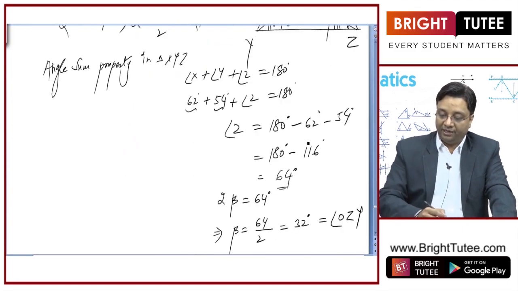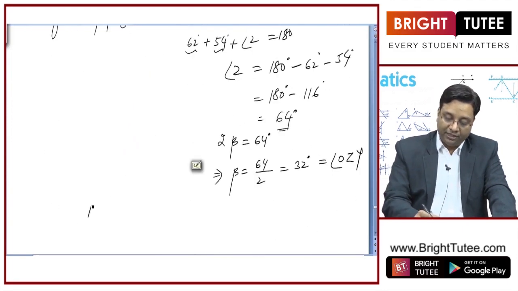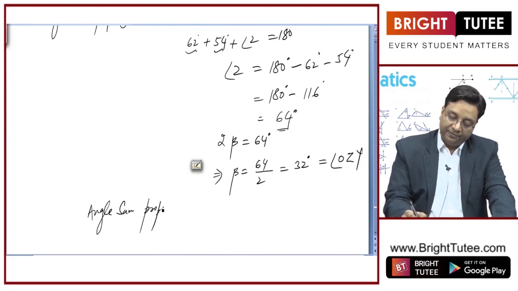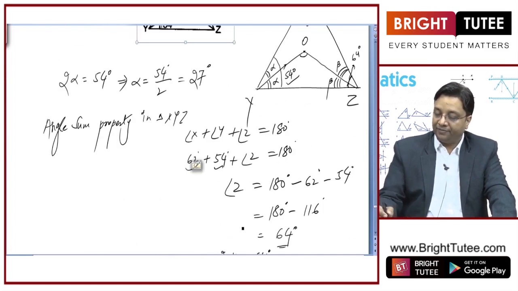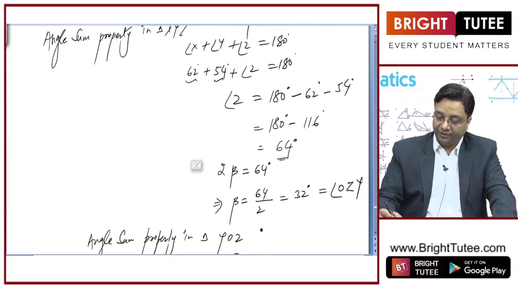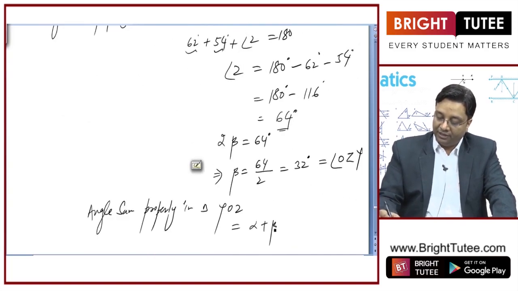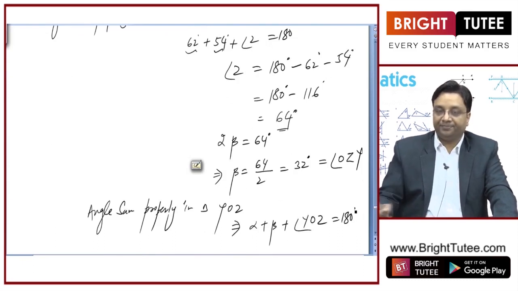So I'll apply the angle sum property in triangle YOZ. I can say alpha plus beta plus the required angle, which is YOZ, is equal to 180 degrees.